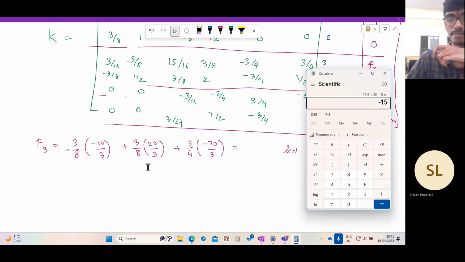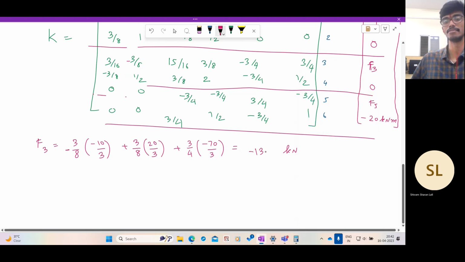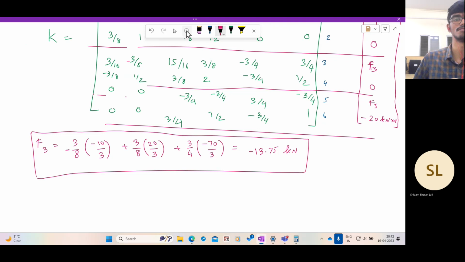So it is 13.75. The answer is minus 13.75 kilonewton, which means they are actually having a pulling force, a downward force.